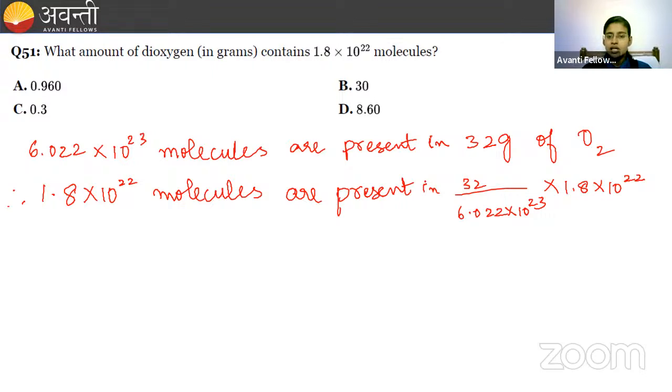So if we solve this, we will get 0.960 grams of oxygen. Okay.